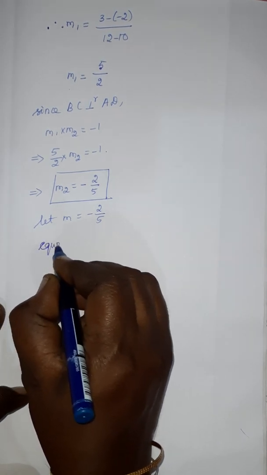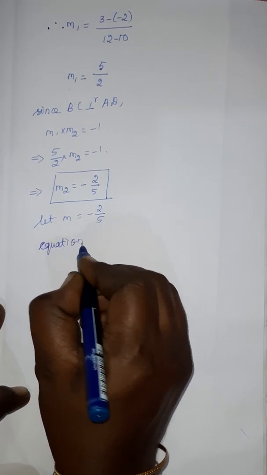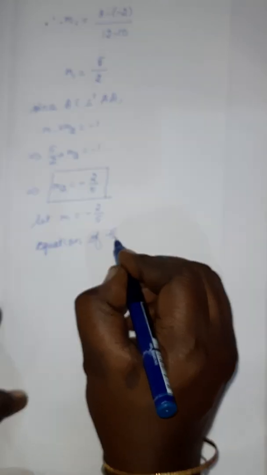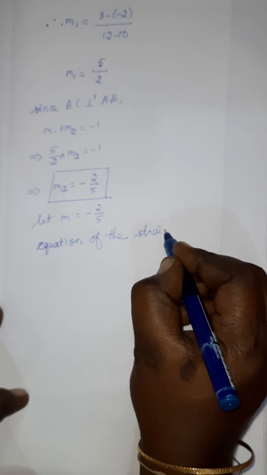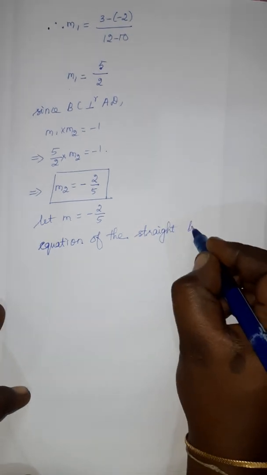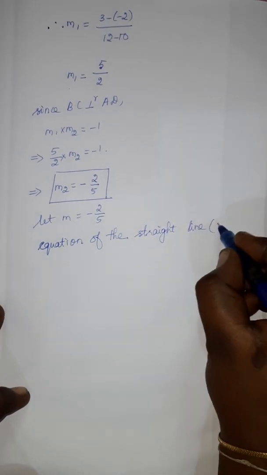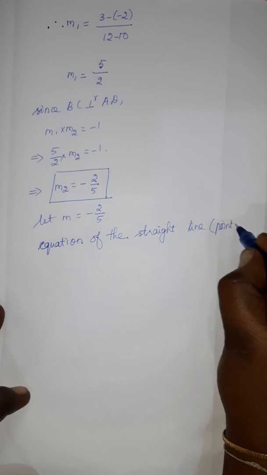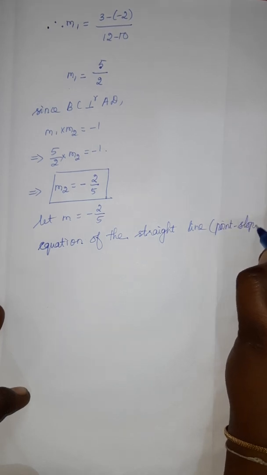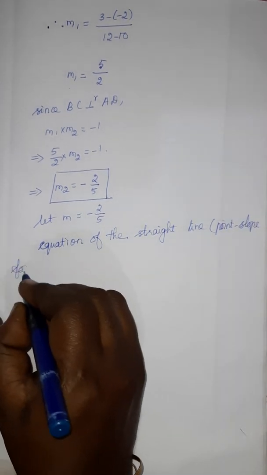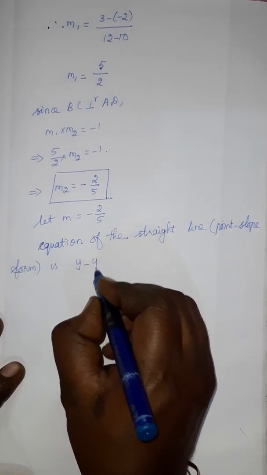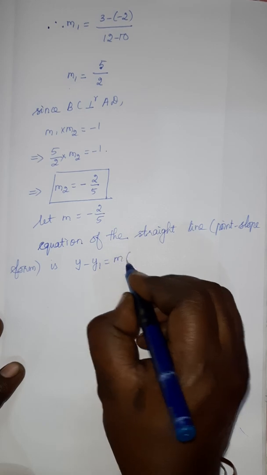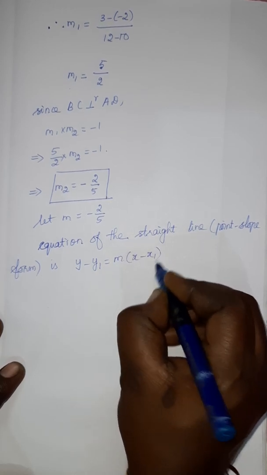Equation of the straight line, inside the bracket you write point slope form: y minus y1 equal to m into x minus x1.